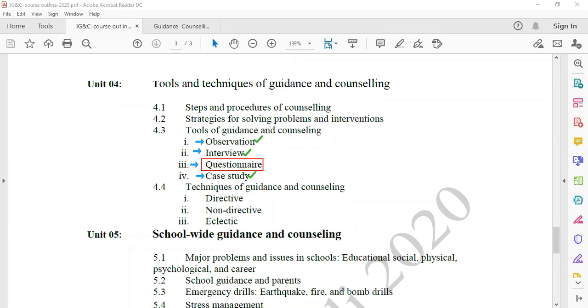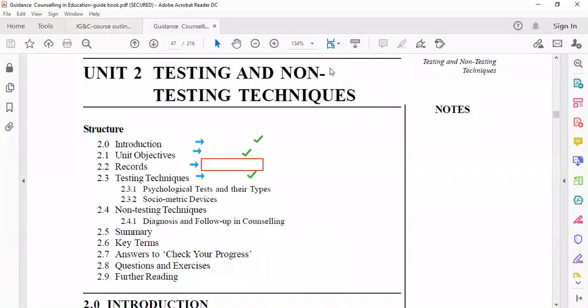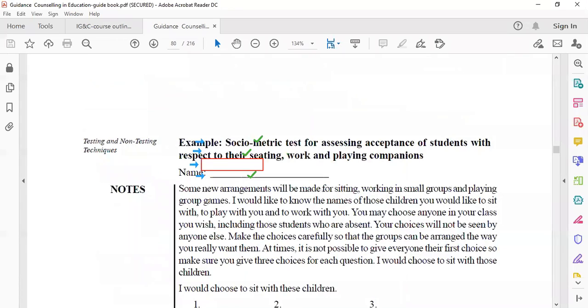As you know very well, observation basically depends upon our own judgment, what we are observing, what we are watching. Now we'll come to observation as a tool.